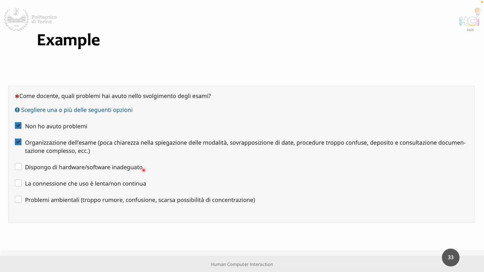I don't have appropriate hardware, software, connection is slow, etc. So what's the problem here? I can check I didn't have problems, and I also had other problems. So this answer is meaningless. I actually checked in this moment I didn't have problems, and the organization of the exam was a problem.